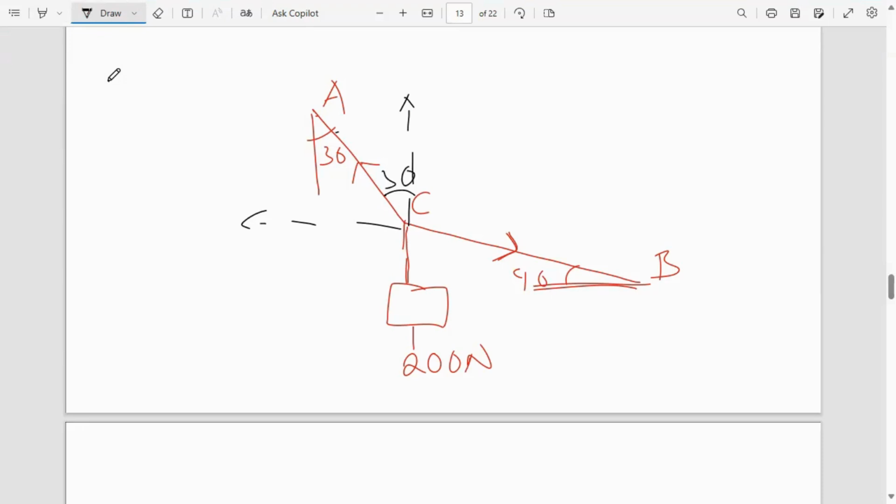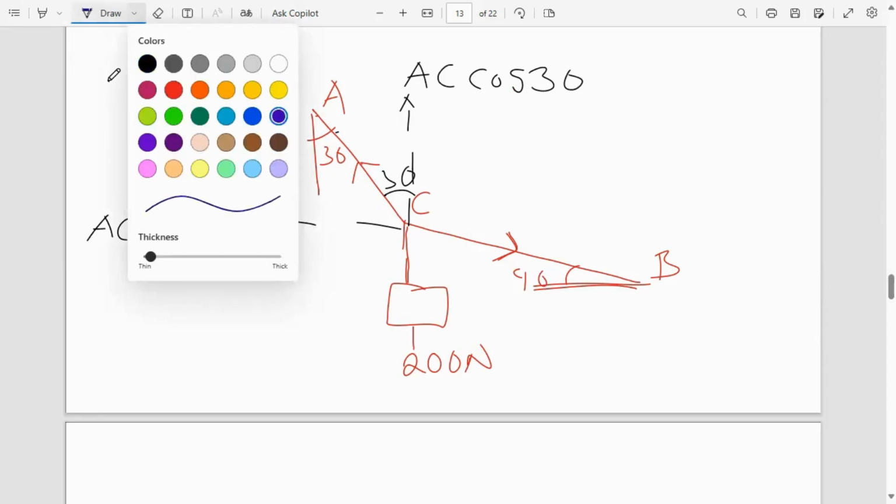These are Z angles. So this one is adjacent to the 30, so it will carry a cosine. So we're going to say AC cos 30, plus this one will be AC sin 30.